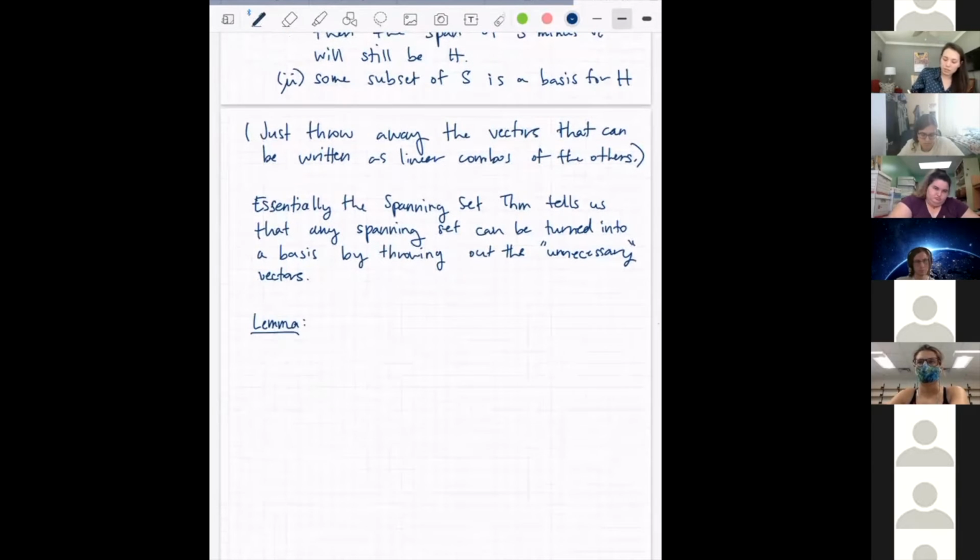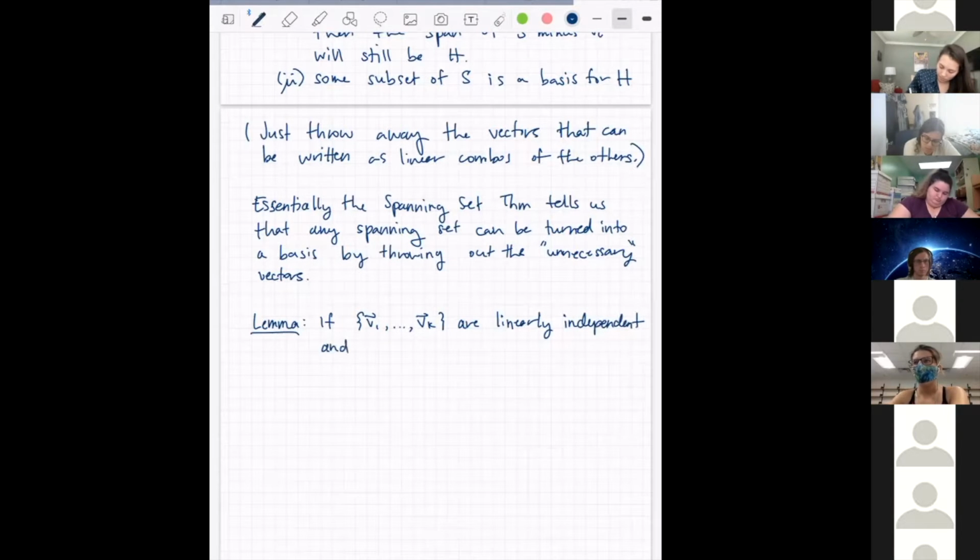Okay, and so this lemma says that if you have a collection of vectors v1 up to vk, and these are linearly independent, and you have another vector, which we'll call u, which is not in the span of v1 up to vk, right?